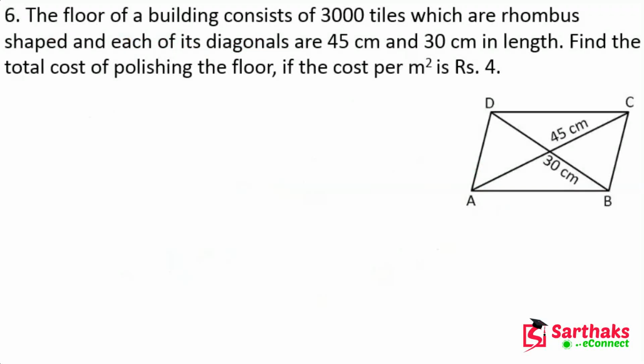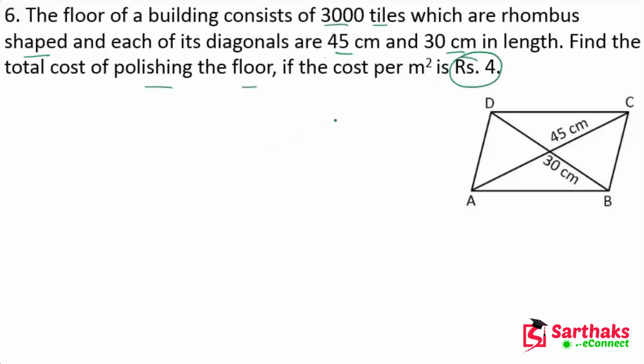Now the next problem: the floor of a building consists of 3000 tiles which are rhombus shaped, and each tile's diagonals are 45 centimeter and 30 centimeter in length. Now find the total cost of polishing the floor if the cost per meter square is rupees 4.